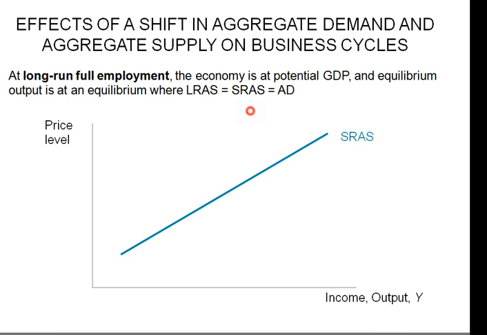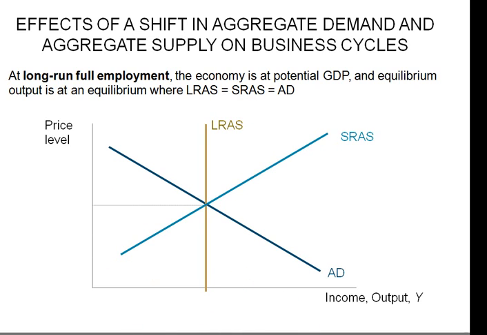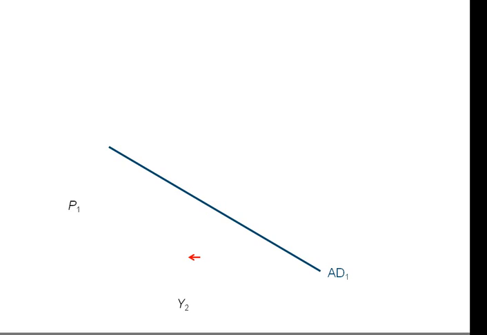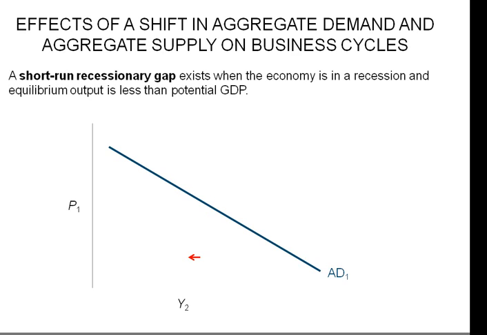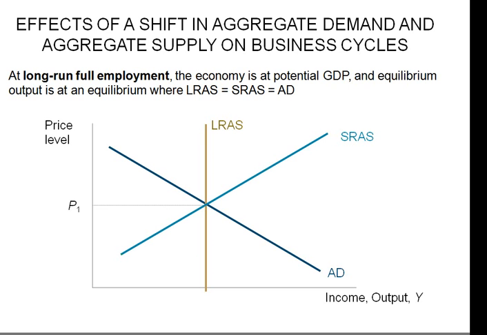This is short run aggregate supply, this is long run aggregate supply, and this is our aggregate demand curve. So at this point we are in equilibrium, P1. So this is our equilibrium level.